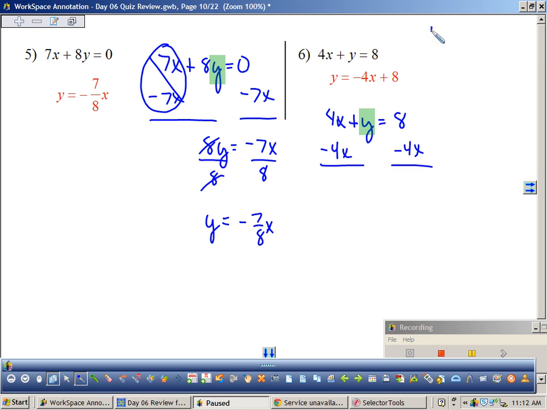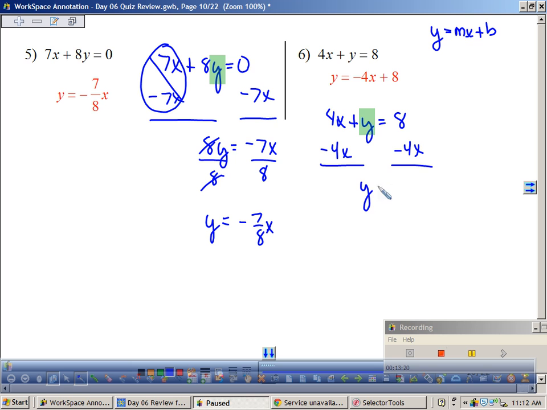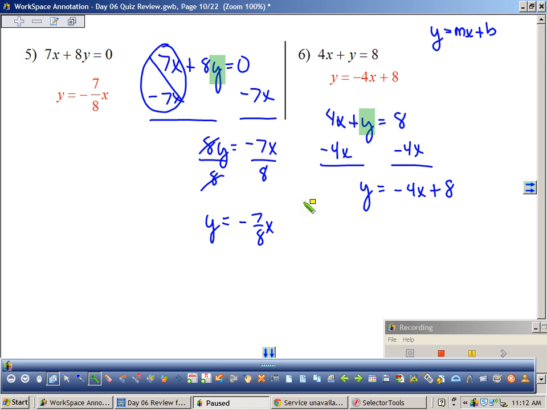And can you guys see we're doing this type of format, y equals mx plus b? So I have y equals, what's going to come first? Negative 4x plus 8. Yes. Just like this format right here, Frankie. See how this looks a lot like this?